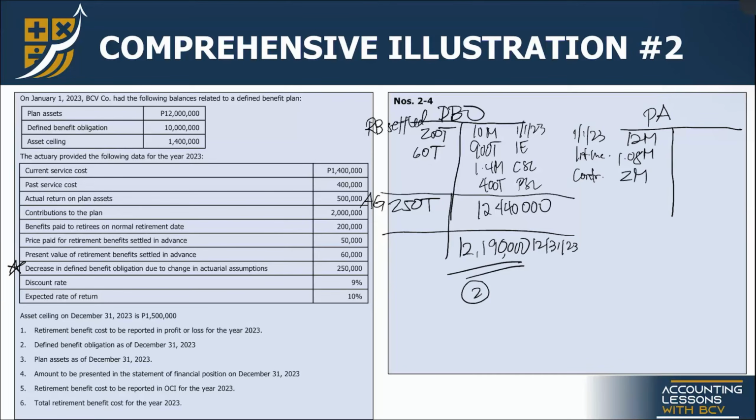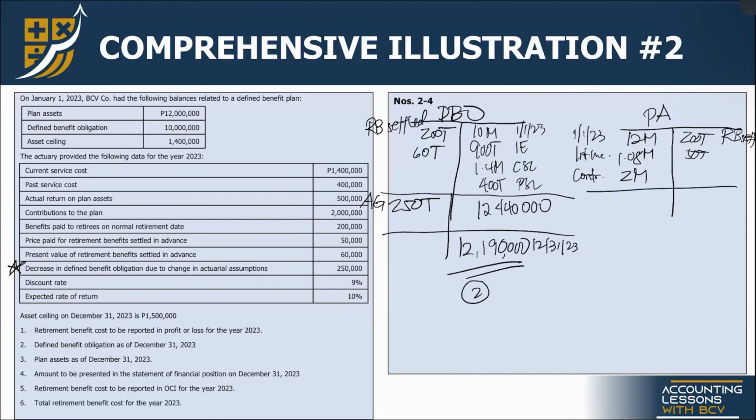Ayun, okay. Next, retirement benefits settled. Pag plan assets naman, ano ang kinukuha natin? The settlement price na, no? So benefits paid to retirees on normal retirement date, 200,000. Price paid for retirement benefits settled in advance, 50K. So tandaan nyo, pag plan assets, settlement price na. Pag DBO, present value of benefits settled. Okay?